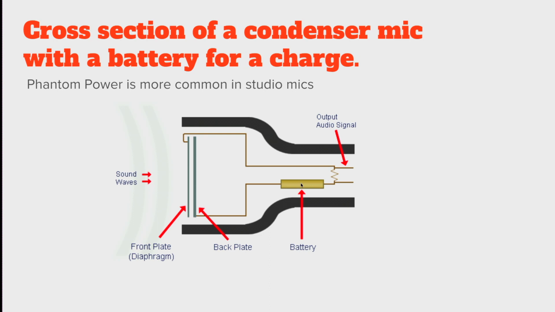This is not uncommon. It's also not super common. This would be a common application in a lot of portable devices like your phone. However, in most professional audio equipment like we would be using to record music, we would provide phantom power from the microphone preamplifier that would come over the same cable that our signal is traveling through.